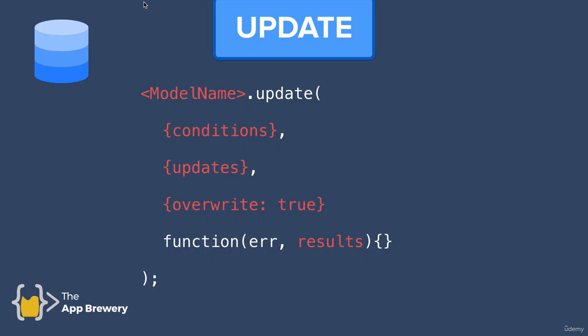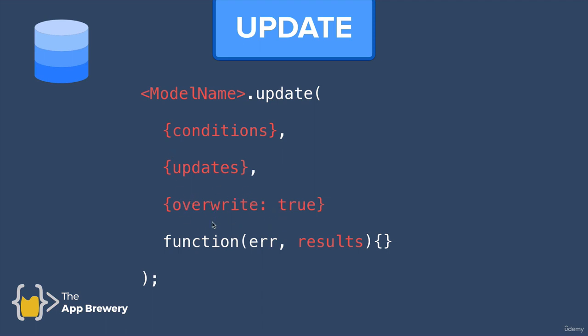Finally, all that we have to do is add the finishing touch to this update method, which is to include that overwrite: true argument. Now, the reason why we need to add this is because by default, if we were to update our document using MongoDB, then this is already enabled.